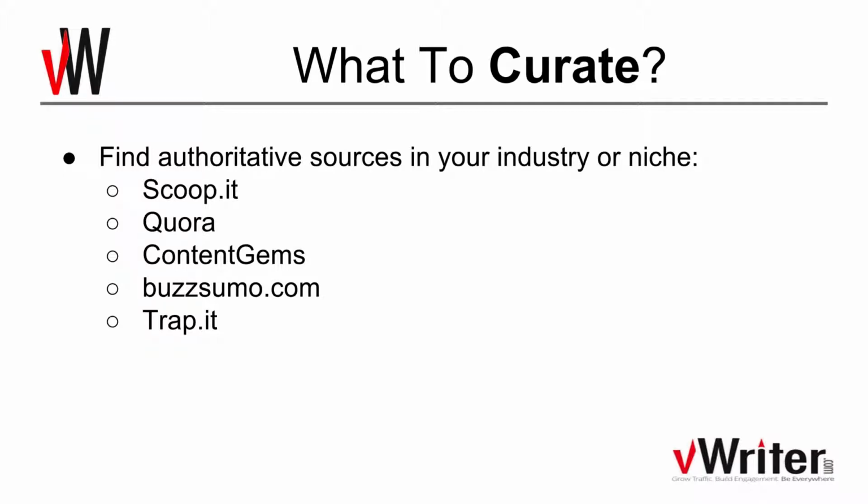One site is called Scoop.it. That basically has a ton of content from a lot of different sources, mainly authoritative content. What these sites do is try to find the most authoritative sources for you, and then you can go there and find the best content on the web essentially.